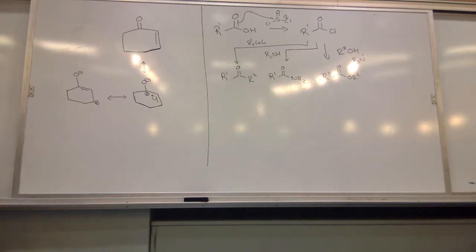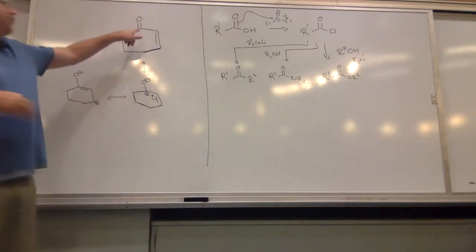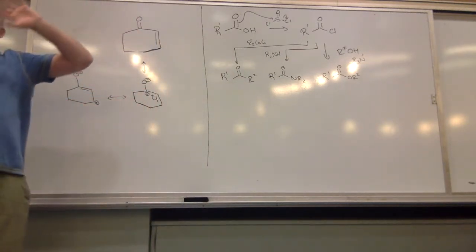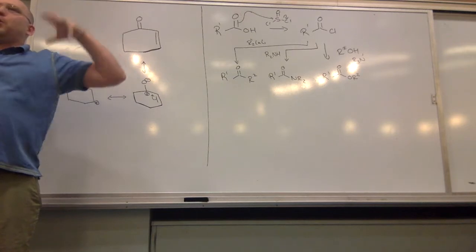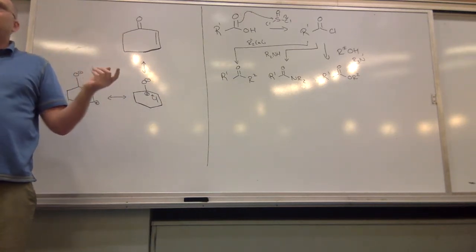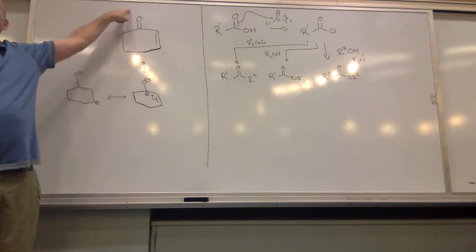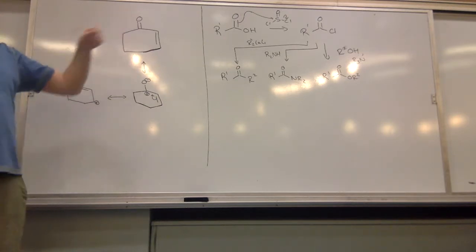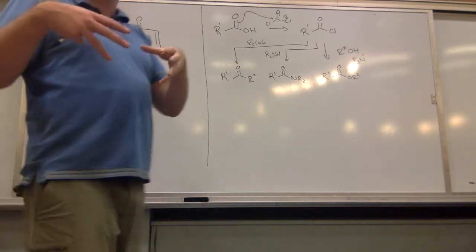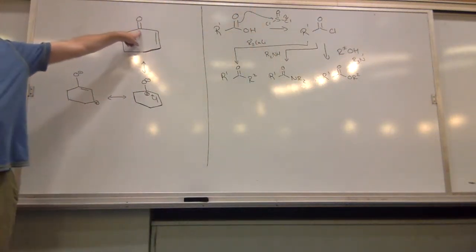Without getting into too much detail on this, it turns out that when you think about where the most positive charge would be, it's the one closest to the carbonyl, because that's pulling electrons away, that oxygen's right there. So highly charged nucleophilic reagents in general will prefer to react at that carbon.